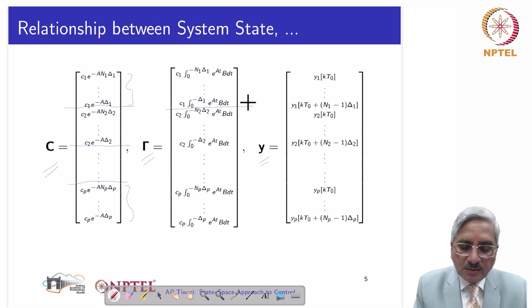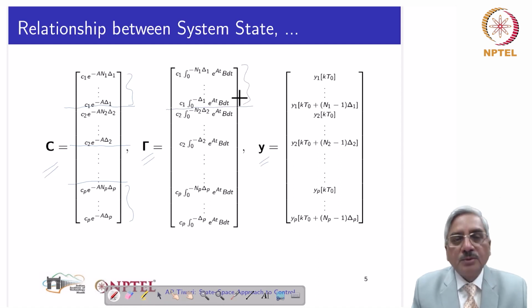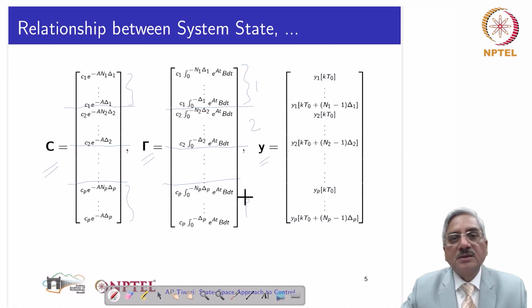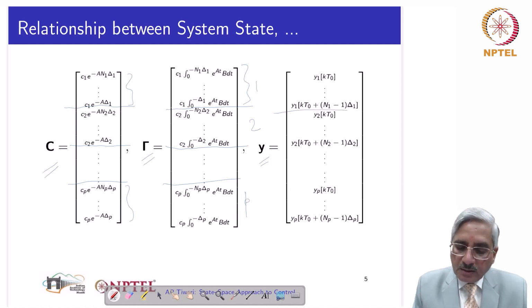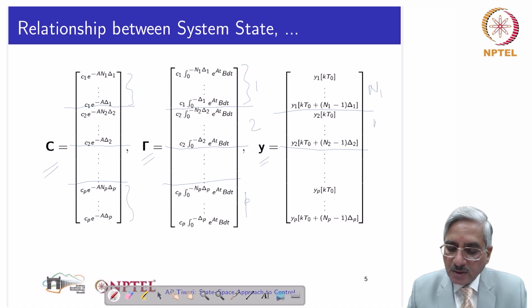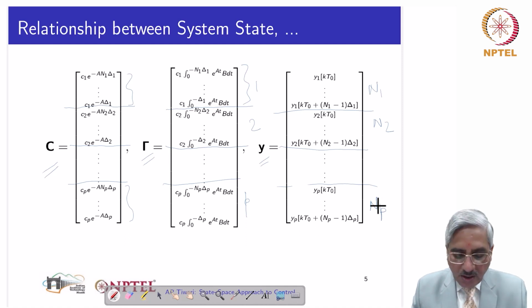Similarly, in the gamma matrix, this part corresponds to the first output, this part to the second output, and this part to the last, pth output. The first N1 samples are samples of output 1, next N2 samples are samples of output 2, and so on. The last Np samples are samples of the pth output, and of course N1 plus N2 plus and so on up to Np we denoted by n bar.